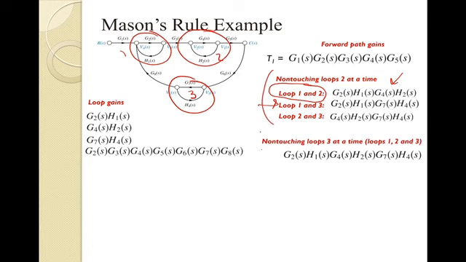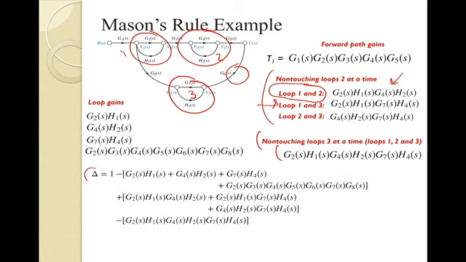Now I want to look at my non-touching loops 3 at a time. So in this case, I have 3 loops that do not touch, loop 1, loop 2, loop 3. So I just take those loops, multiply them together, and that's what you'll see right there. Okay? And if I were to have, for example, another loop here, that would be 4, I would do that. So I've now basically completed what I have here.